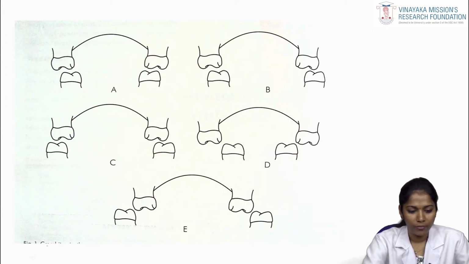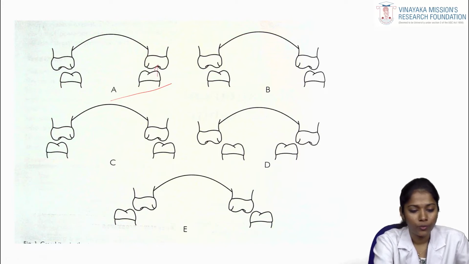If we see this diagram, we have diagram A here, which is absolutely a normal relationship. As you can see over here, the lower molar buccal cusp is getting into occlusion with the central groove of your maxillary molar, whereas the buccal cusp of your maxillary teeth is more buccal, which we call a buccal overjet.